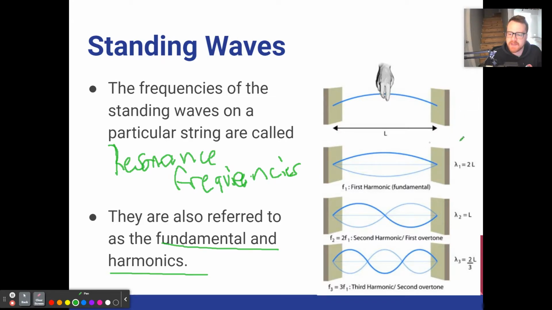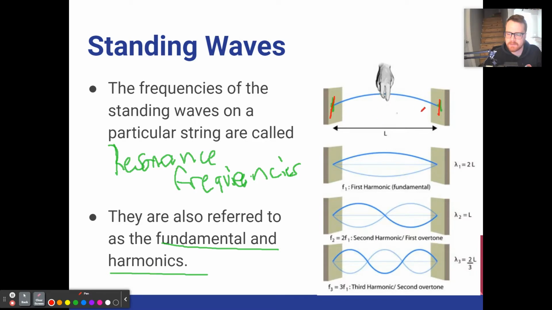So let's first identify the pieces of a standing wave again. Here we have an example where we're going to make standing waves by a person pulling on a string that's attached to fixed positions. So the distance between where they're fixed is L. This is the length, the distance between both fixed ends here.